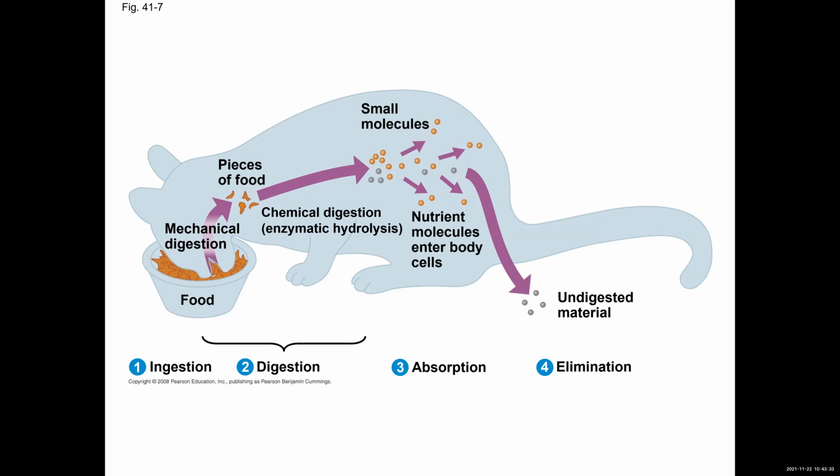So we need to get what are called those molecular building blocks. You can think of them as carbon skeletons. You can think of them as those amino acids, monosaccharides, fatty acids, and nitrogenous bases, things we have to build into whatever we exactly need in our own body.